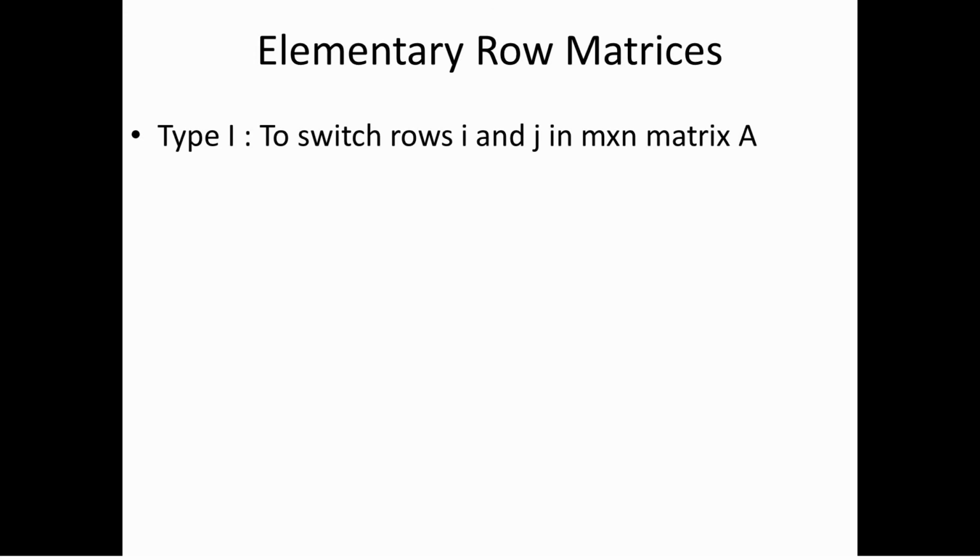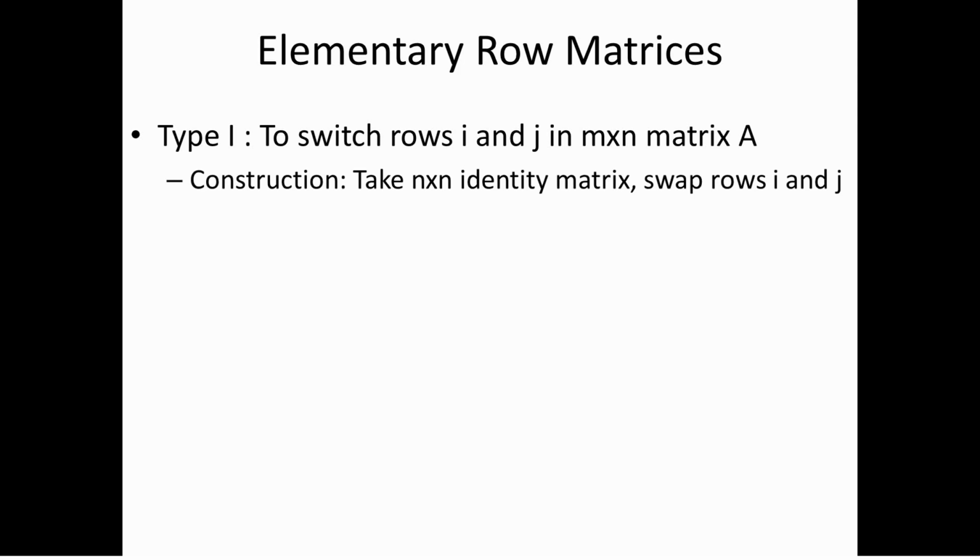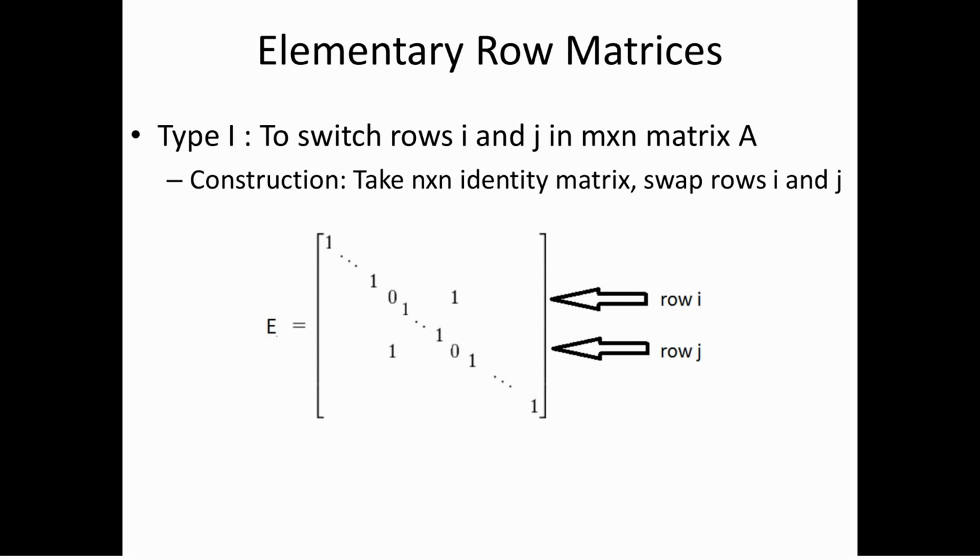Now, to understand elementary row operation matrices, let's just look at the matrices corresponding to the three operations. Okay, if I want to switch rows i and j in an m by n matrix, all I do is I take the identity matrix and I simply swap the ith and the jth rows. Okay? And we know computationally how to do this, and it's usually easy in most computational packages.